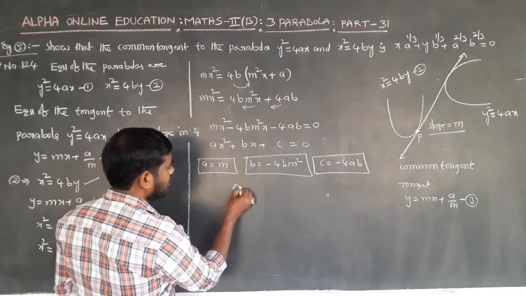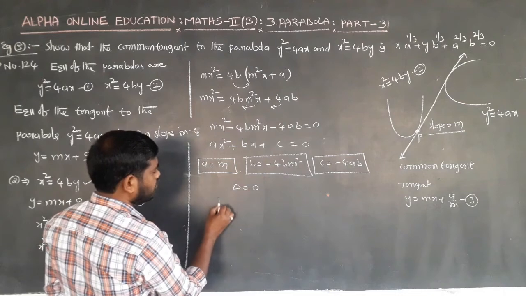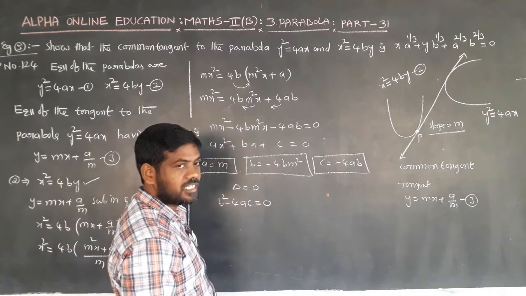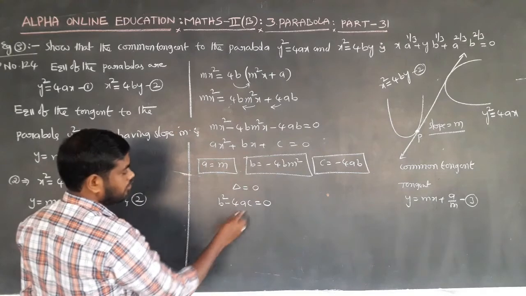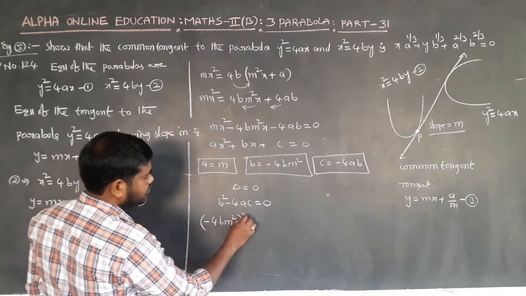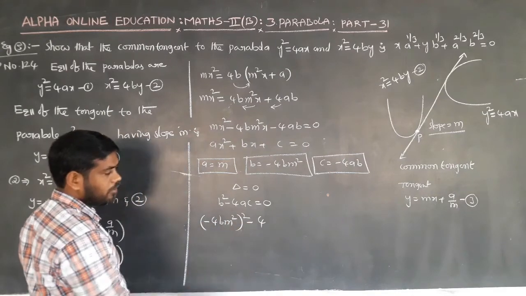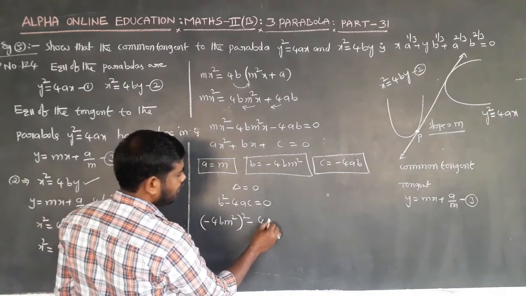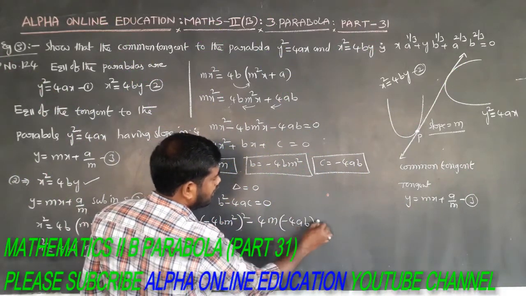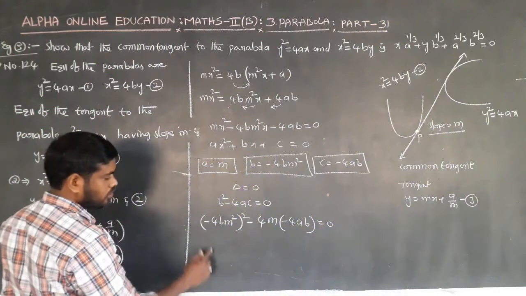So discriminant is equal to 0, means b square minus 4ac is equal to 0. Minus 4b m square whole square minus 4 m into minus 4ab is equal to 0.